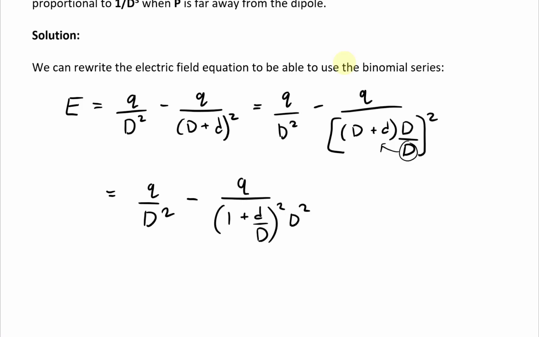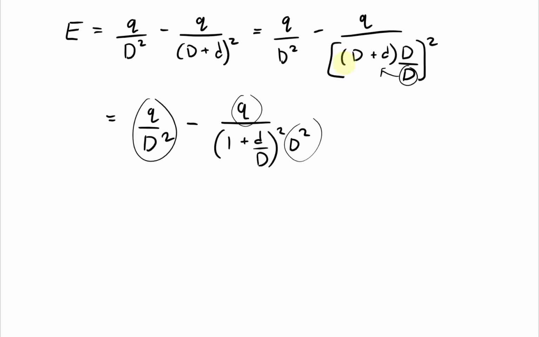Now we can factor out the like terms, the q over capital D squared, so that we get q over capital D squared times the bracket 1 minus, with a negative 1 on top, 1 plus d over capital D to the power of negative 2, in a square bracket.